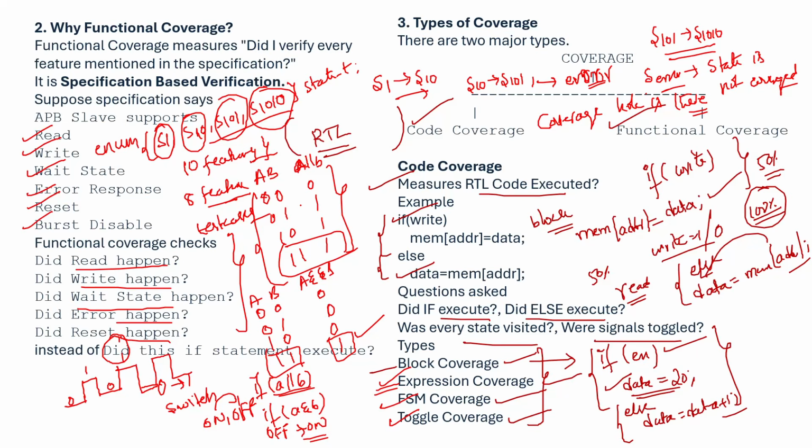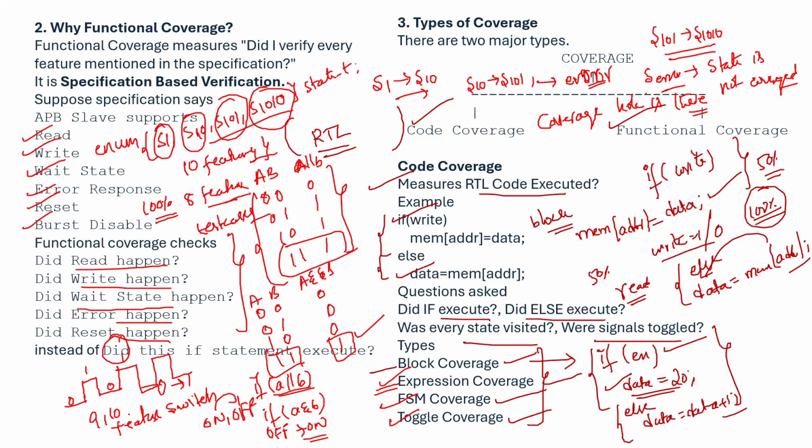All the 8 test cases are passing, then your coverage is showing 100%. Your coverage is 100%, but the ninth and 10th features are not verified, yet still your coverage is 100%.